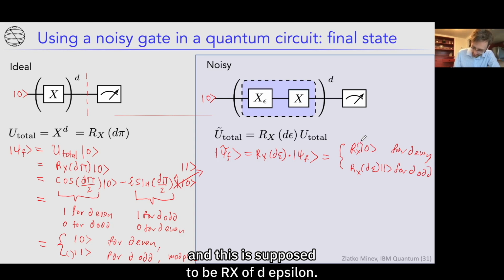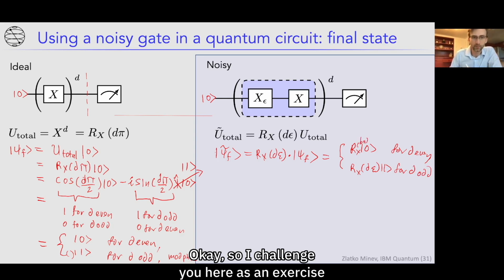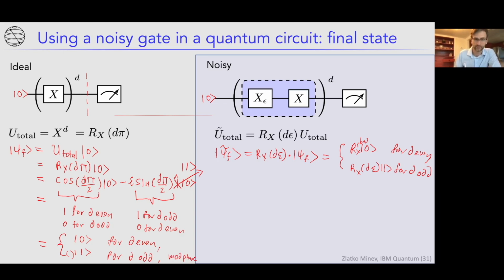And this is supposed to be Rx of d epsilon, excuse me, I forgot to write that in. Okay, so I challenge you here as an exercise to explicitly write these out and see exactly what they are.